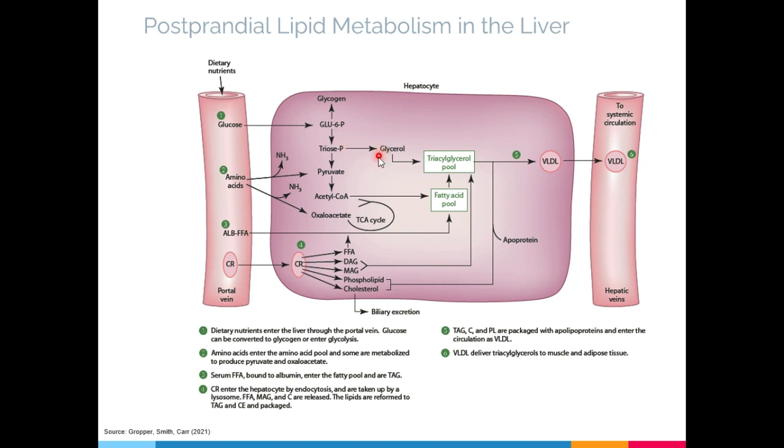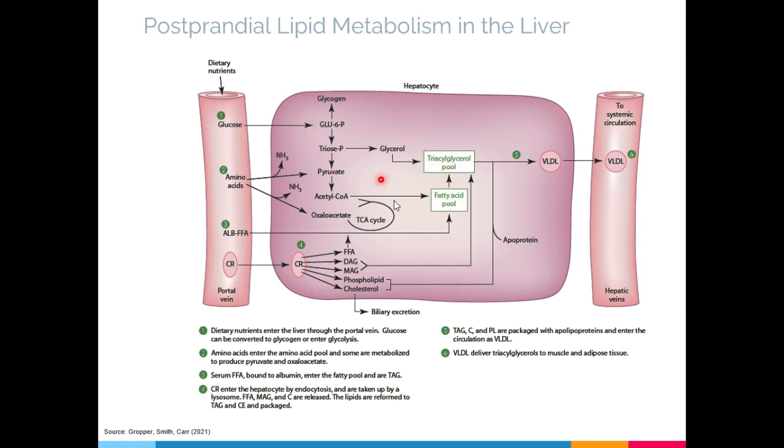Glycerol can actually be synthesized from glucose because there is an intermediate in the middle of glycolysis, step 5. It can make a U-turn into glycerol production. And remember, glycerol is used to esterify the three fatty acids to produce TAG.